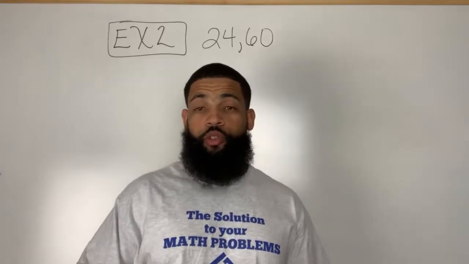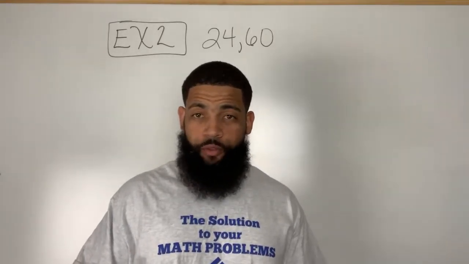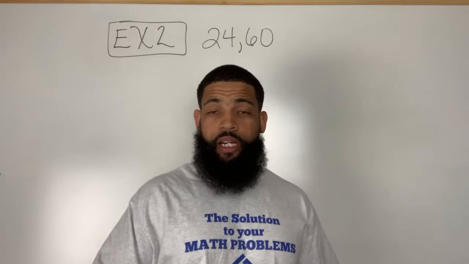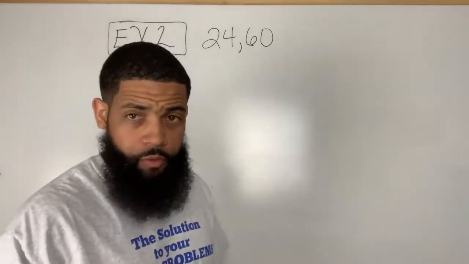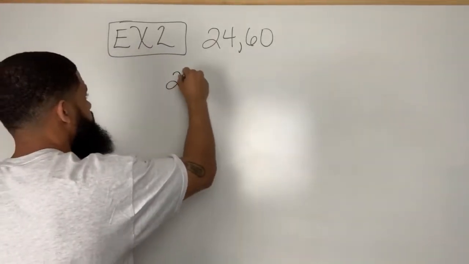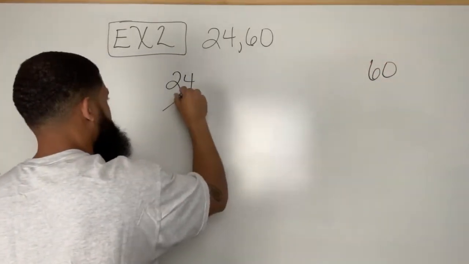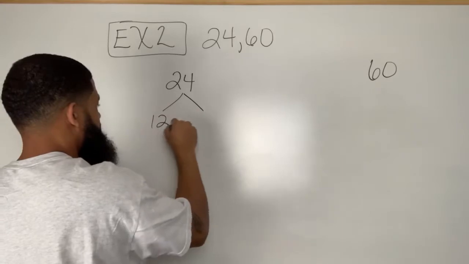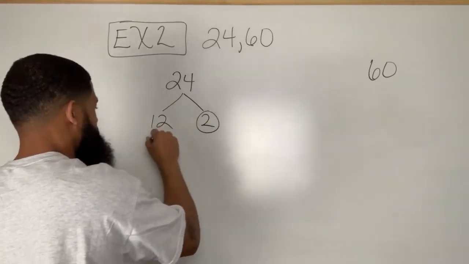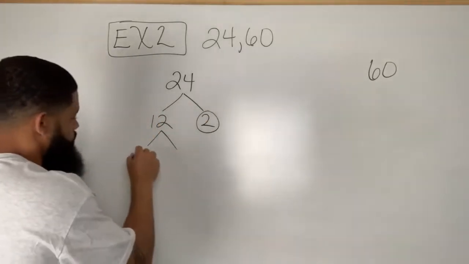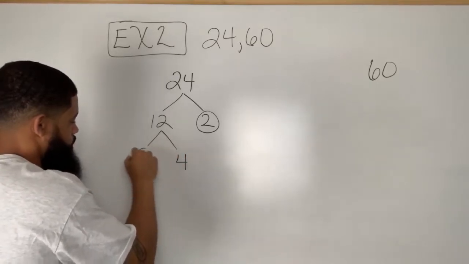For example 2, I want to do the same thing, but we're going to do a slightly different process. I'm going to find the prime factorization for 24 and for 60. Let's do 12 times 2. That's prime. And then we have 3 and 4.